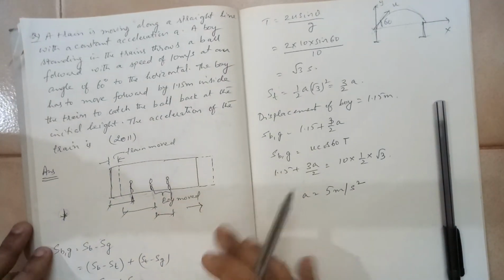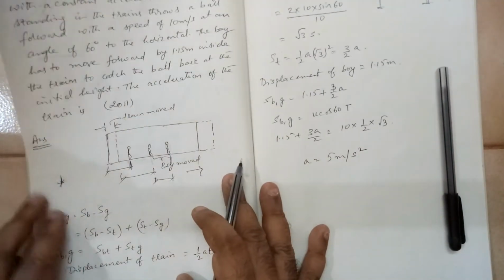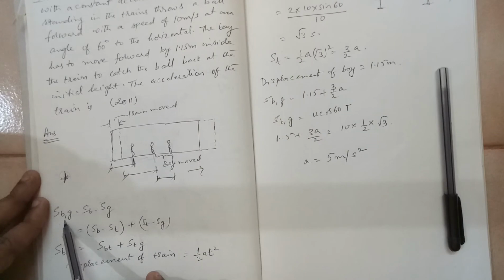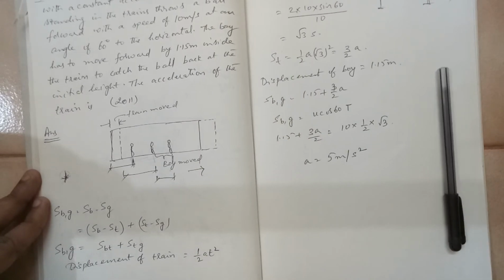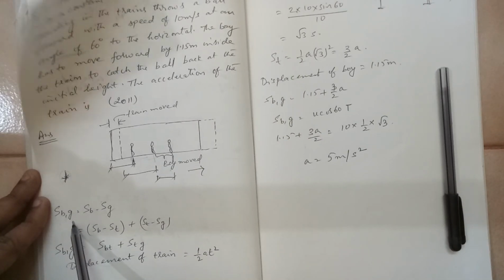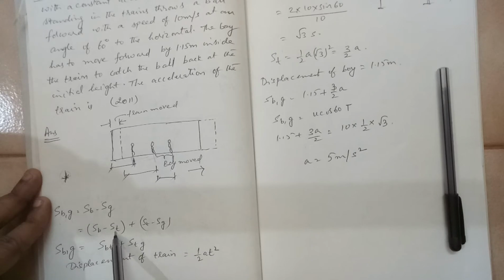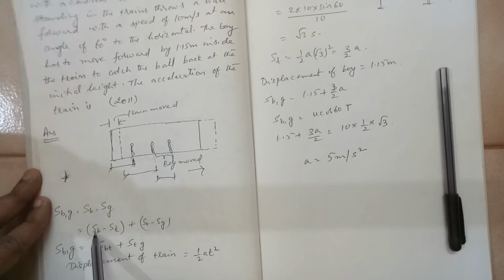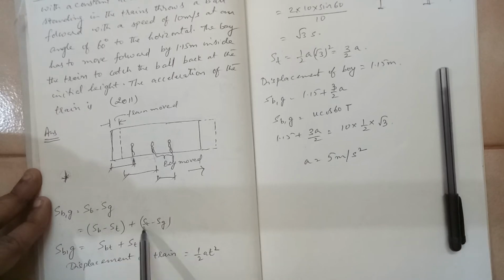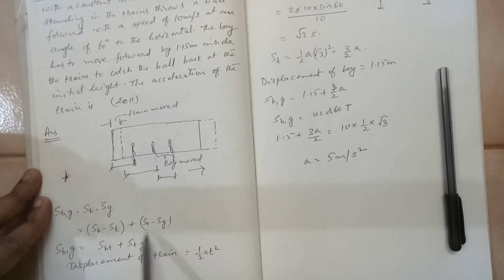Now we are trying to find the displacement of the boy with respect to the ground, S_BG. It will be S_B minus S_G. Here I am just introducing S_T, where T is the displacement of the train. So S_B minus S_T plus S_T minus S_G.